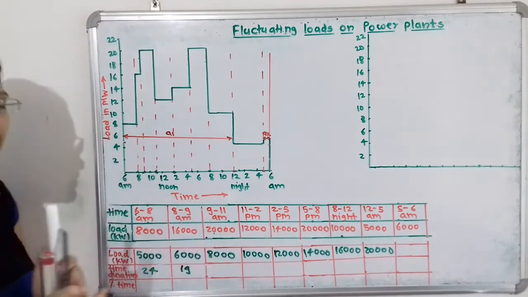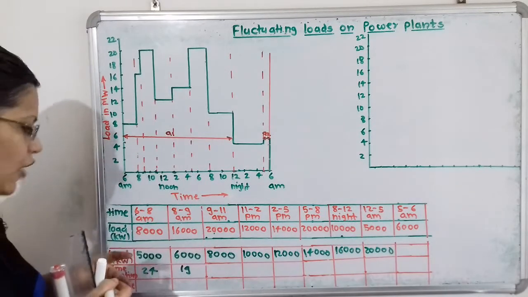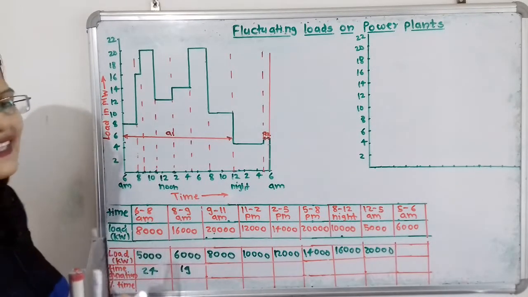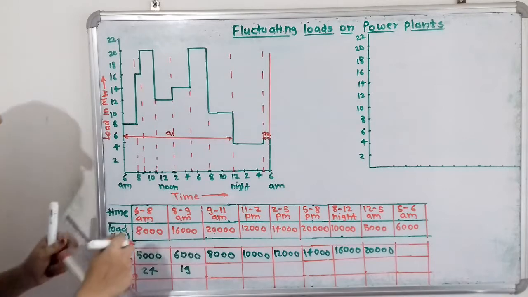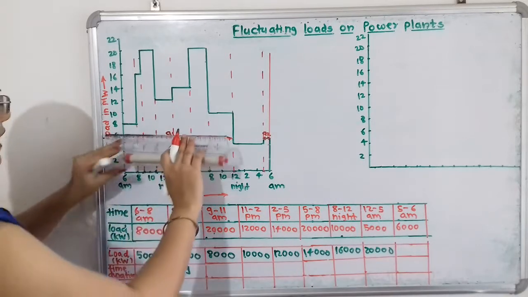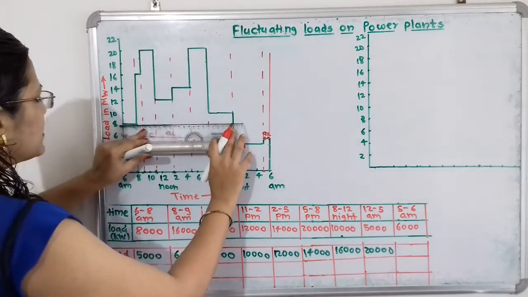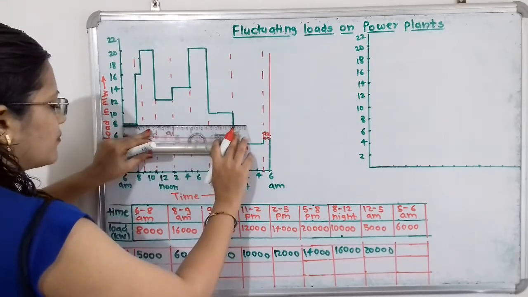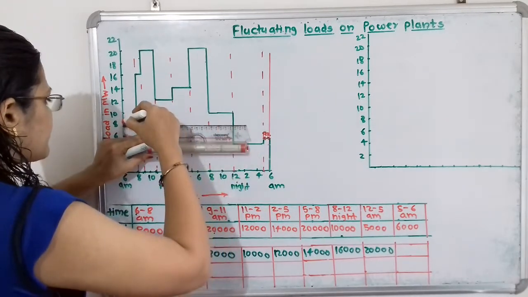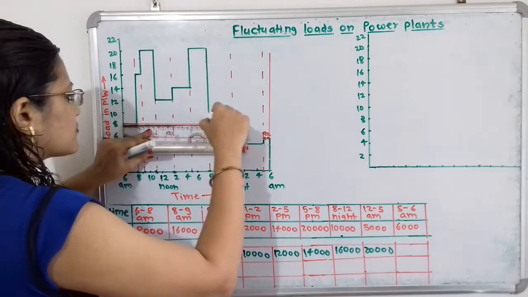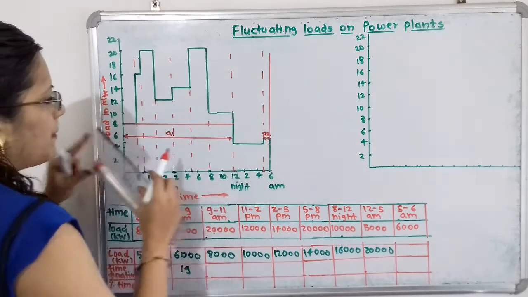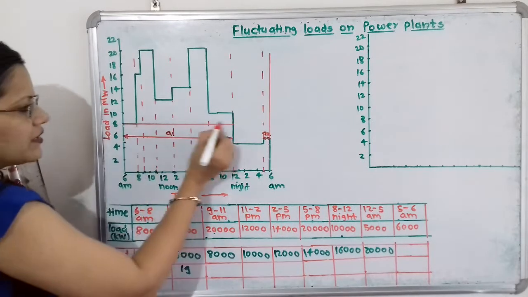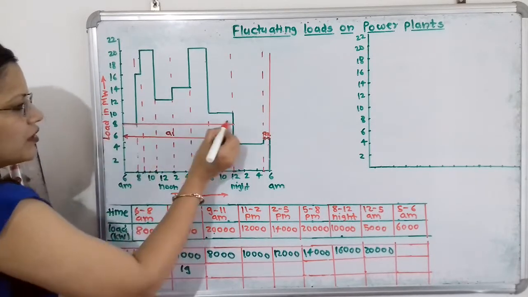Then we will move to the next, that is 8000 kilowatt. So 8000 kilowatt means 8 megawatt. Again in the same way we will write this. We have to consider the time period. So I will draw here one horizontal line. Now if we observe, here is the total duration.